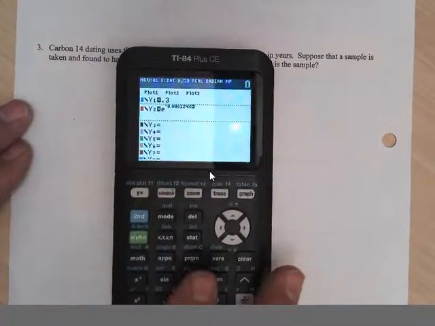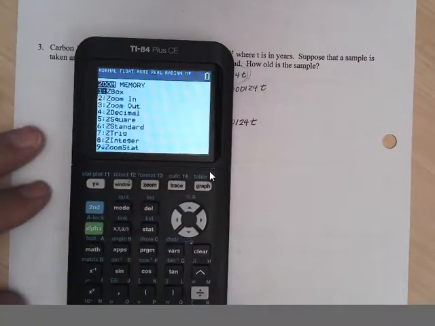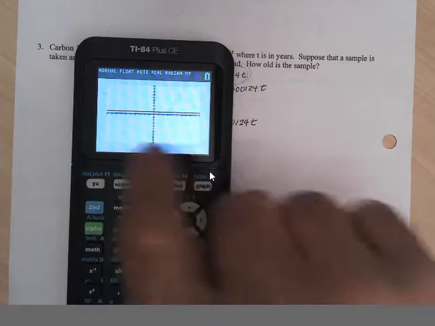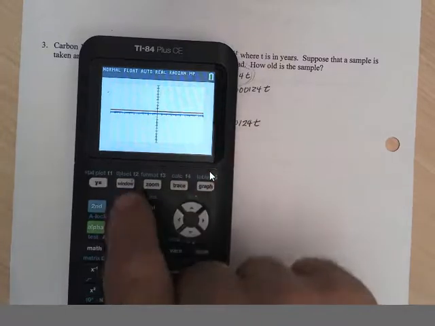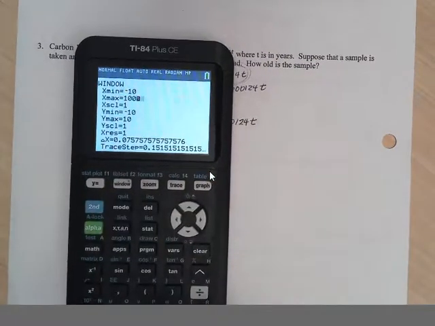You could do this also on Desmos, and if I go zoom 6, standard graph, doesn't look like we're getting anywhere. But we're carbon-14 dating, which takes 5,600 years for it to be half as much, and we're down to 30%, so we have to get out here to over 5,000, maybe 10,000. So I'm going to go to my window and get X to go up to 10,000.